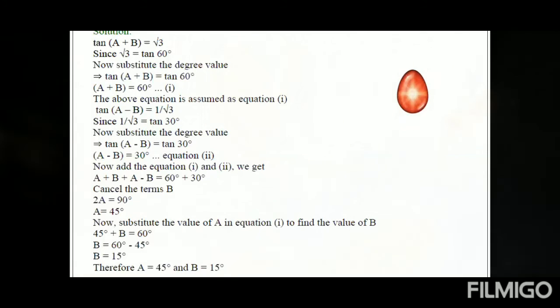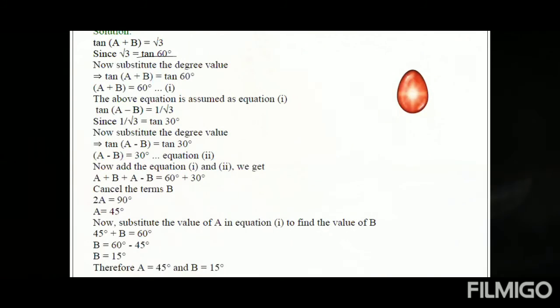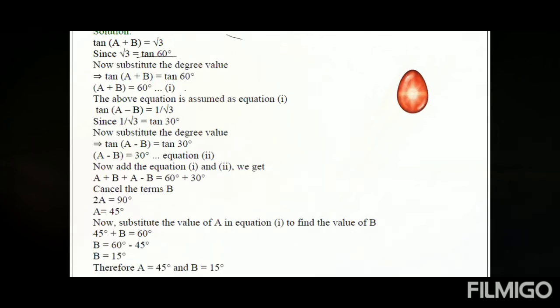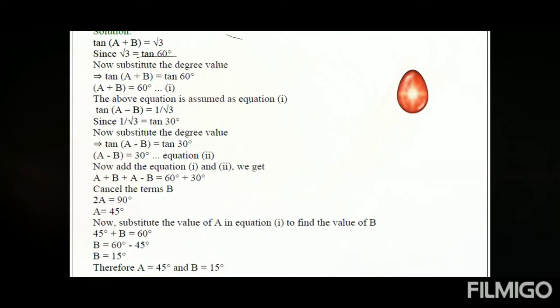Where do you find root 3? You find it in tan 60. So A plus B equals 60 degree. And A minus B equals 30 degree because 1 by root 3 is tan 30, okay?